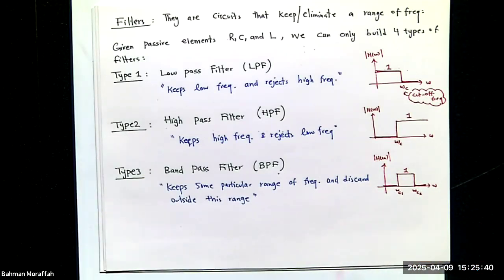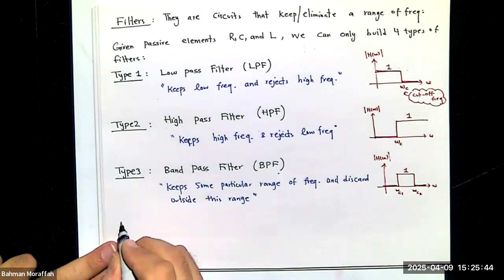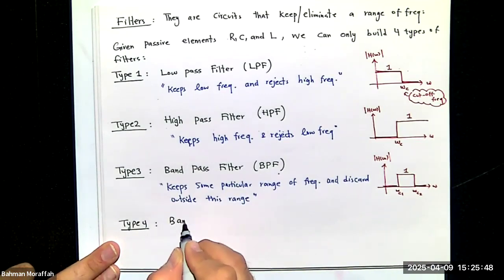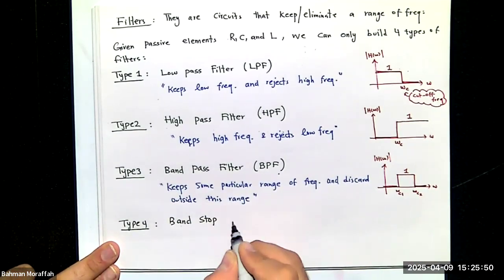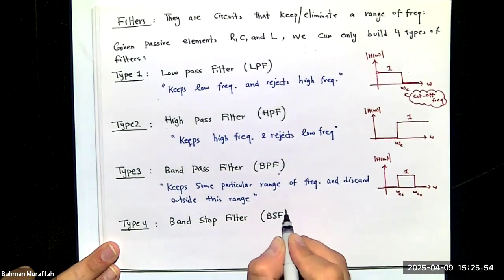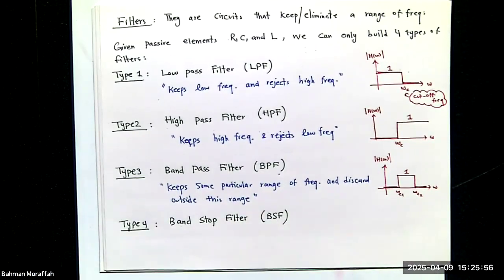Right? And the last type is the band stop filter, which rejects a range of frequency and keeps the rest of them. Right? It's basically the reverse of this.